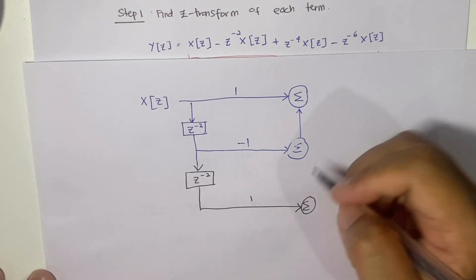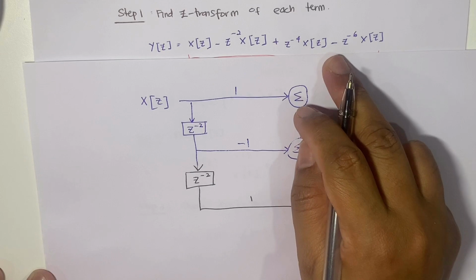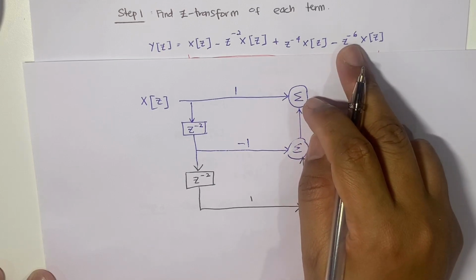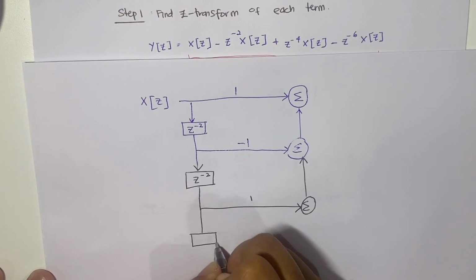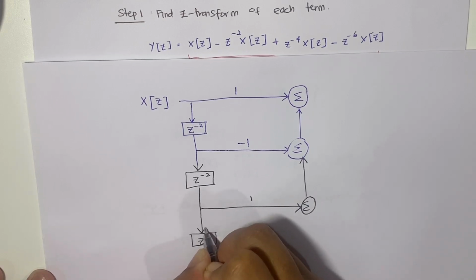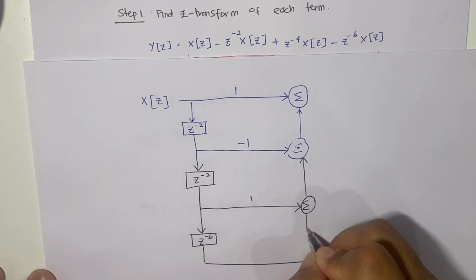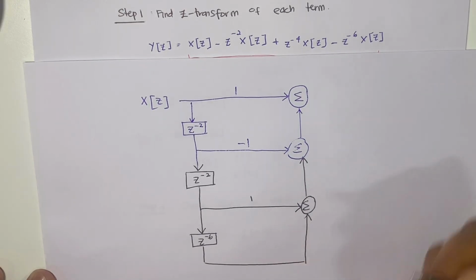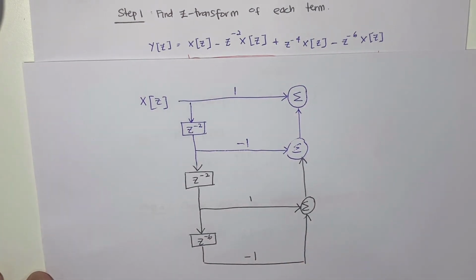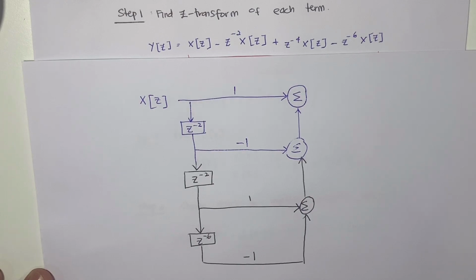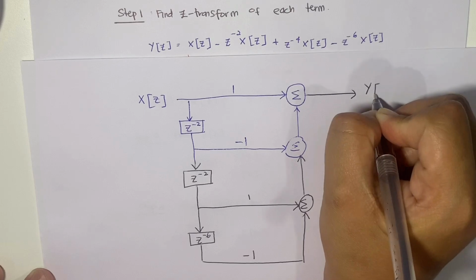Okay, this is 1. Okay, the last term is minus z negative 6. So this is z negative 6. Okay, this is negative 1. So how about y? Okay. So you just put yz here.